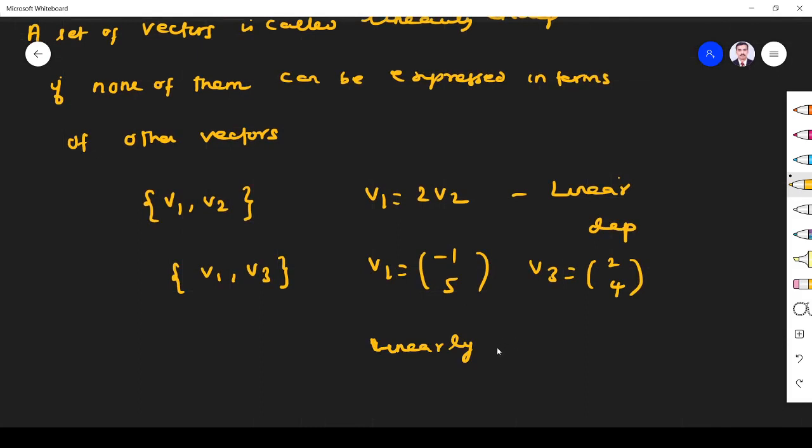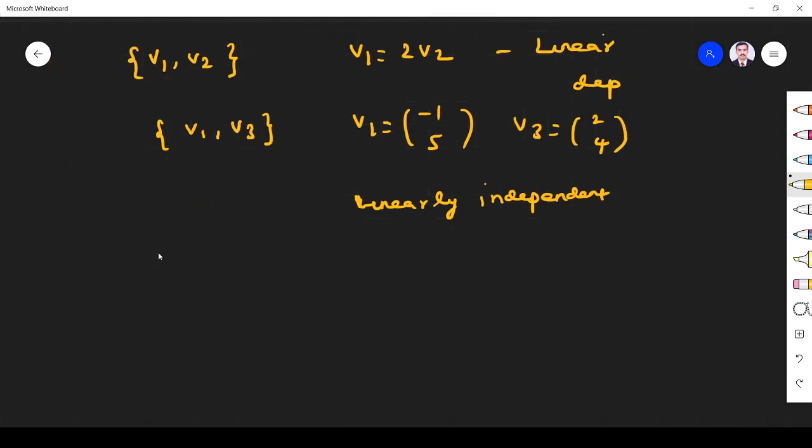For two vectors, we can use this definition. But if the set contains more than two vectors, how can we define linear independence? There we have to use some other definition.